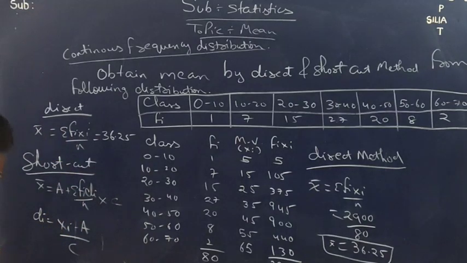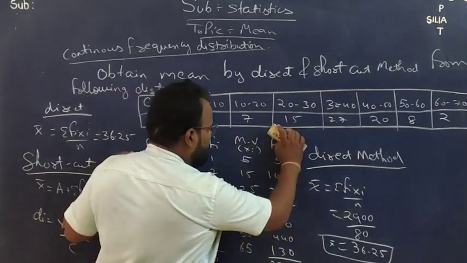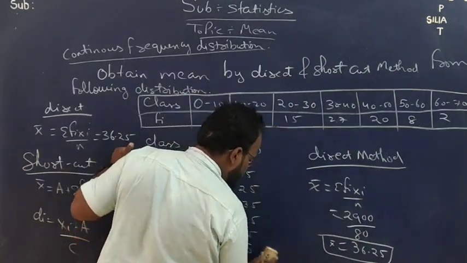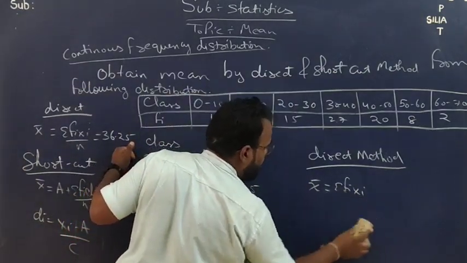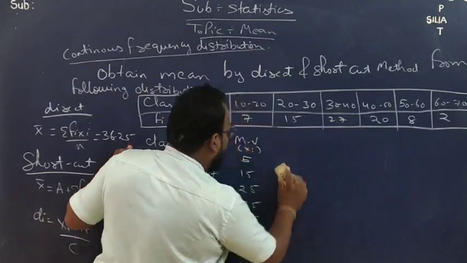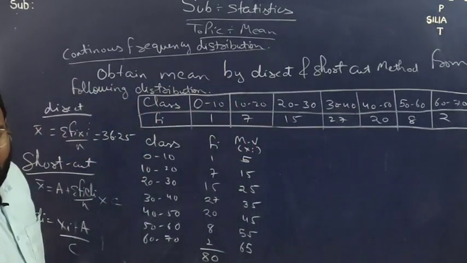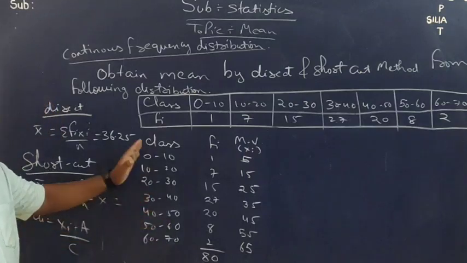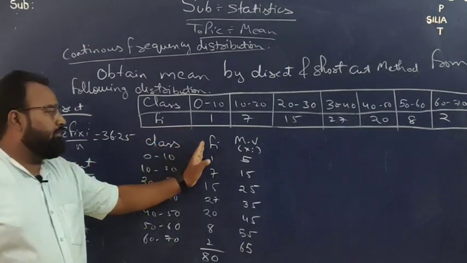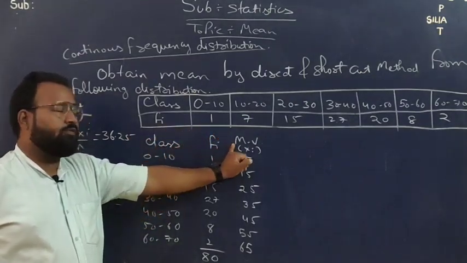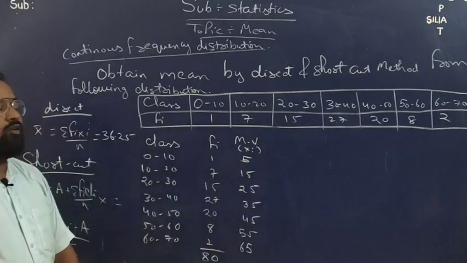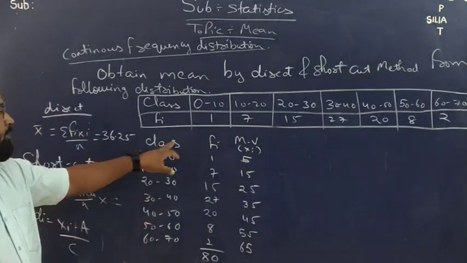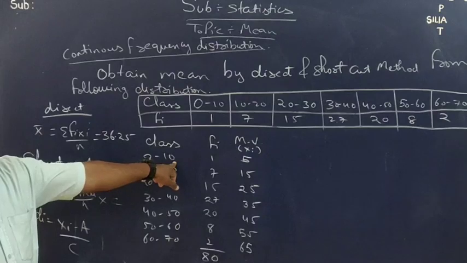Now the same sum we are going to calculate by the shortcut method. In the shortcut method also it is the same thing. After writing the class and frequency, it is compulsory to find the mid value. How to find the mid value? Lower boundary point plus upper boundary point divided by 2.